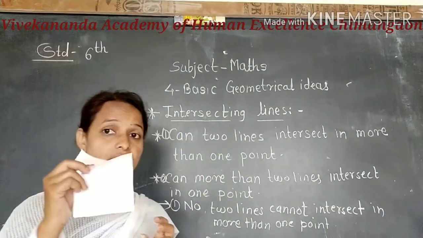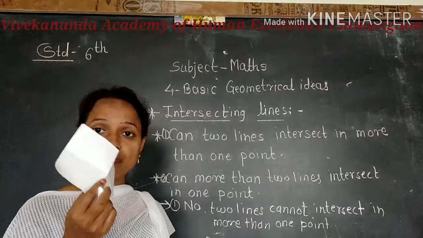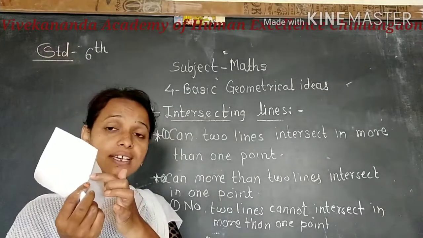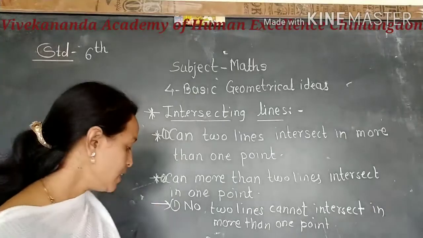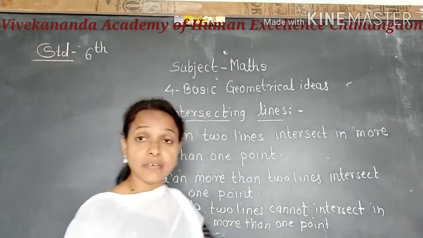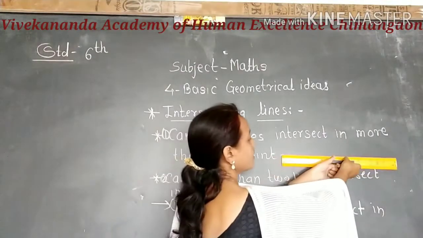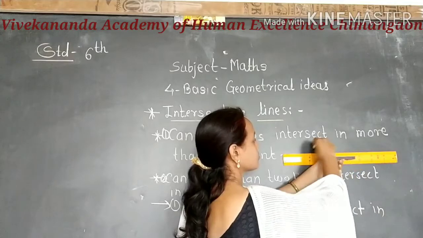See student again, here I have shown by folding, making two folds of this paper. From this also you understand we get only one intersecting point. Here I can show you a figure. I will draw two intersecting lines.